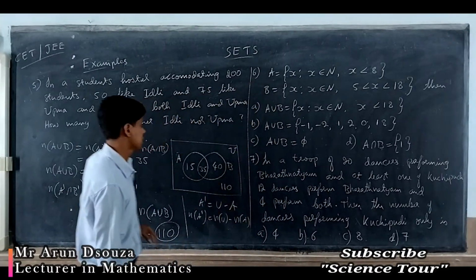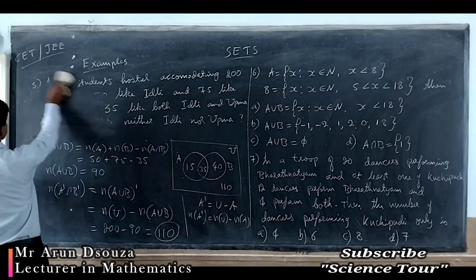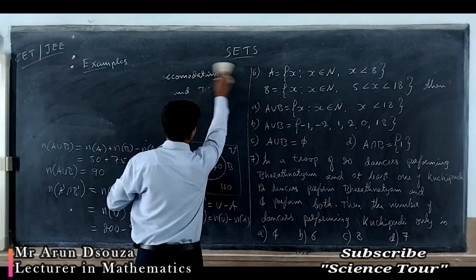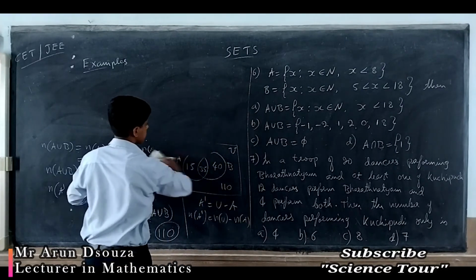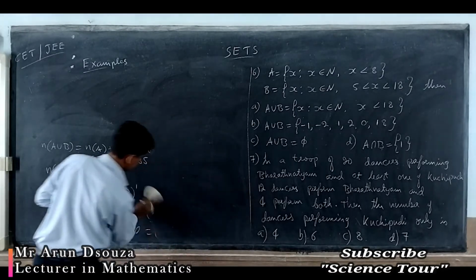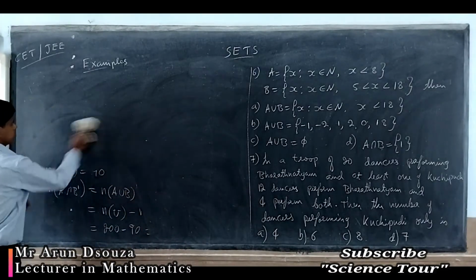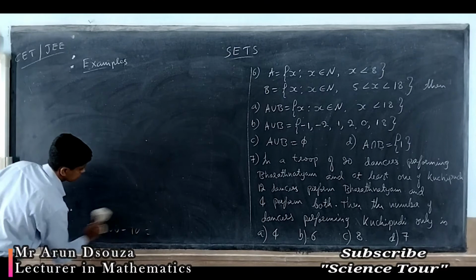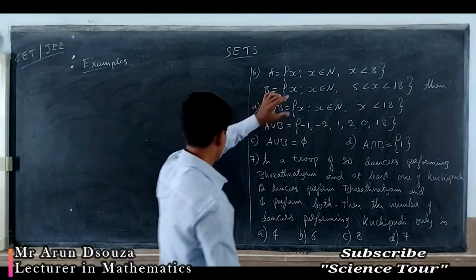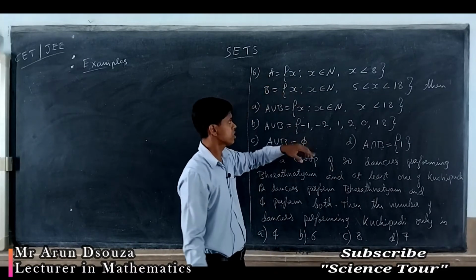Now coming to the sixth question. Here A and B are given in set builder.